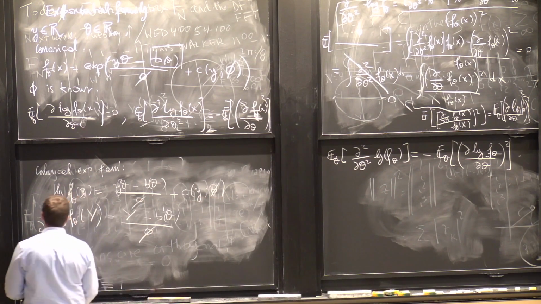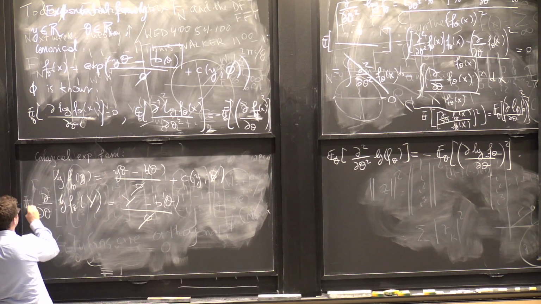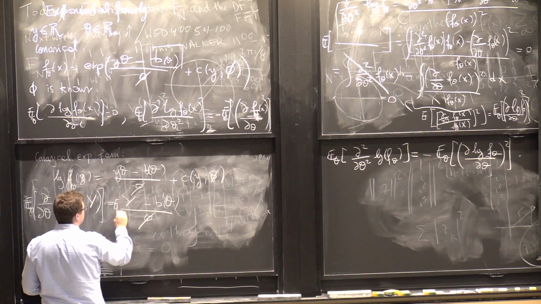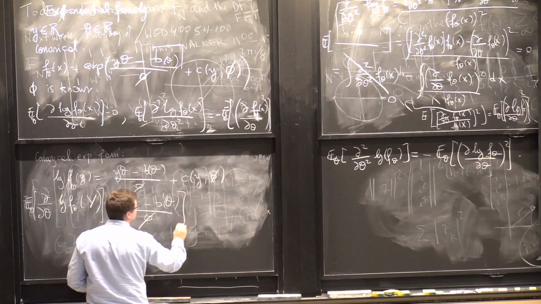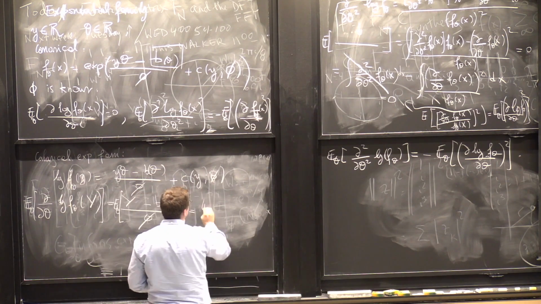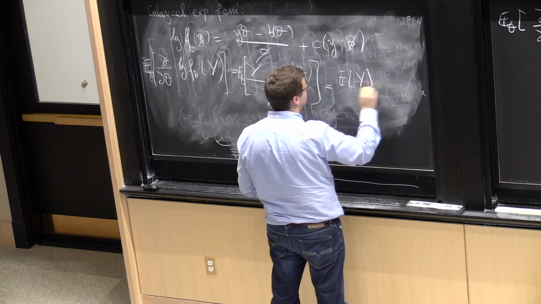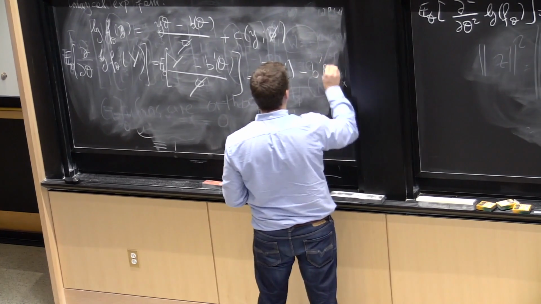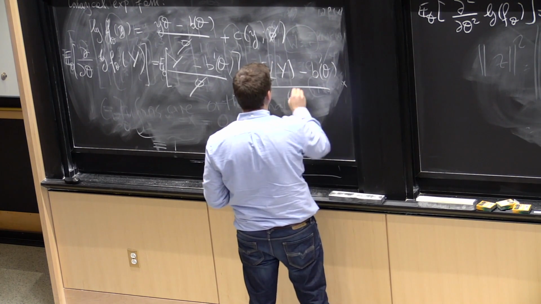So if I start taking the expectation of this guy, I get the expectation of y minus, well, this does not depend on y, so it's just itself, b prime of theta, and the whole thing is divided by phi.